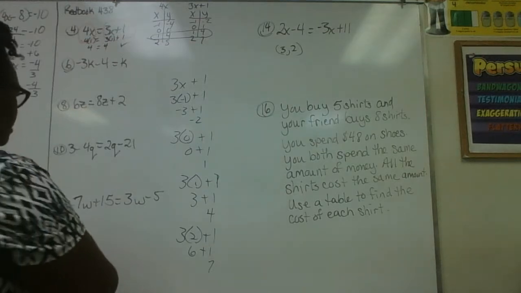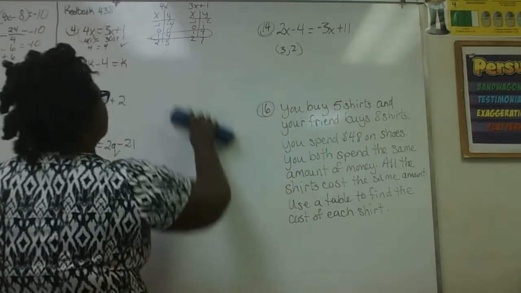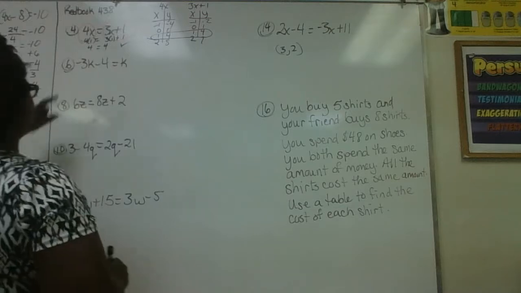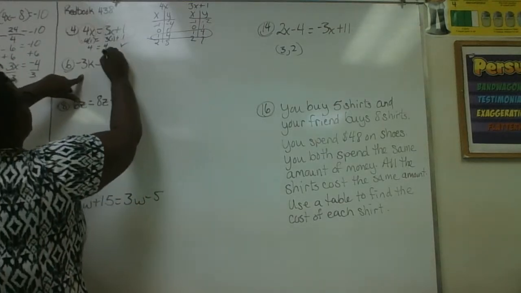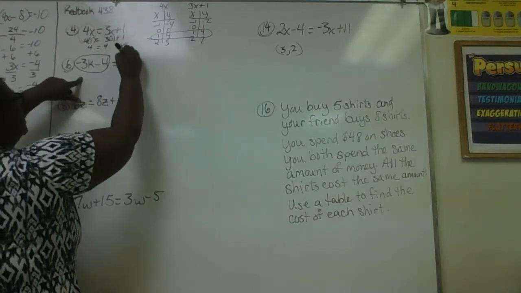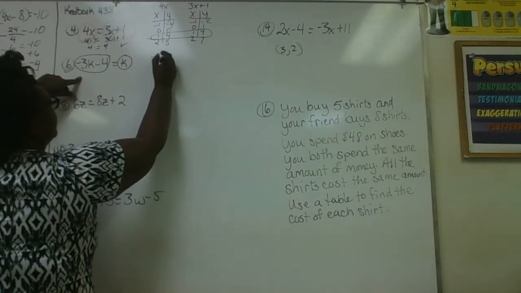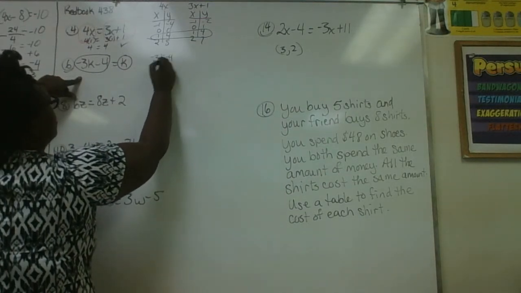All right, let's take a look at the next one. We have this equation, and then this equation: negative 3k minus 4.